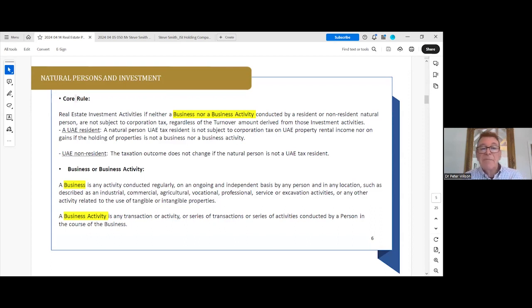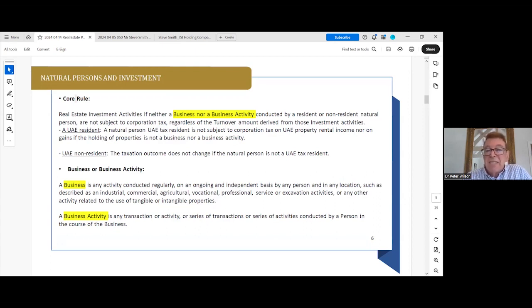But basically, a business is something that we would all assume to be a business. It's an activity that's carried on regularly, frequently by a person that has an infrastructure and that the person looks like they're doing this in a business-like manner. That's basically what it is.